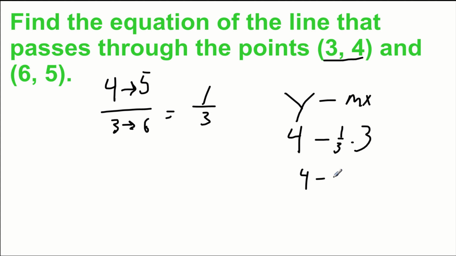So we got 4 minus 1, which would be 3. So anytime we have a slope that is a fraction, divide by denominator, multiply by numerator. So then when we put it all together, I'd have y equals 1/3 x plus 3. Okay? Any questions on that?